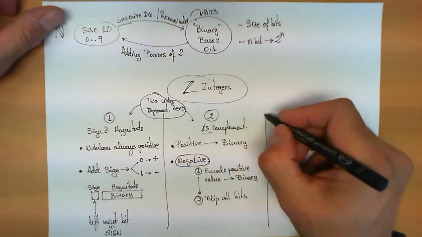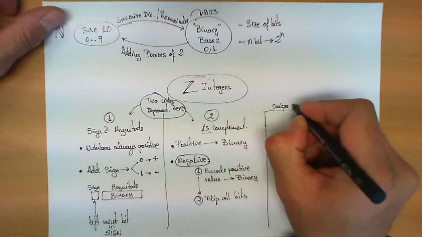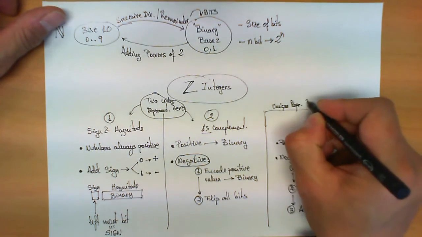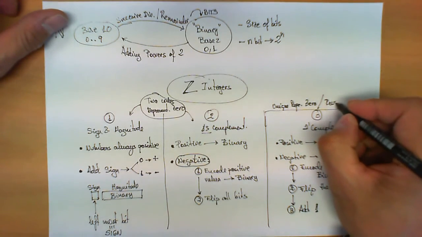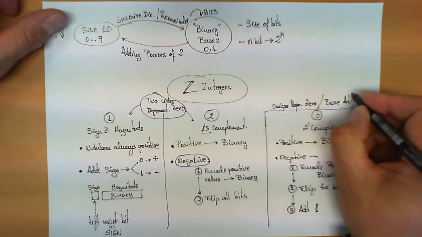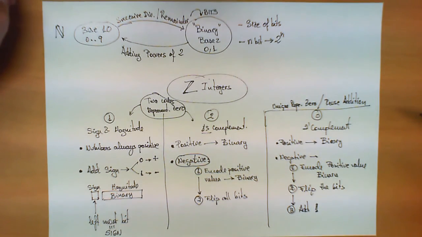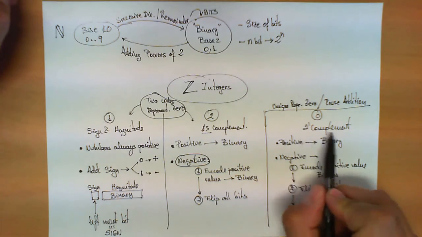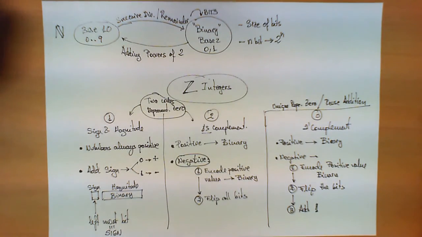Now, this code has two big advantages. It has a unique representation for number 0, and we can reuse the regular addition. We can add two numbers independently if they are represented as 2's complement or regular binary, and the rules of the addition are the same and the result is correct.